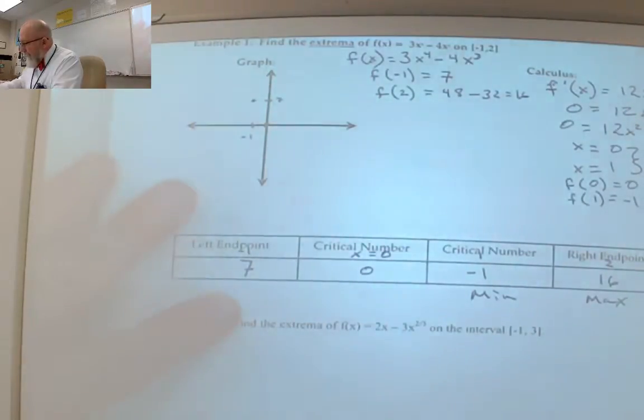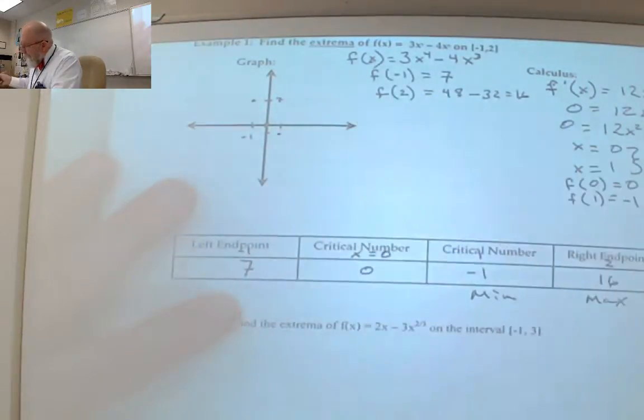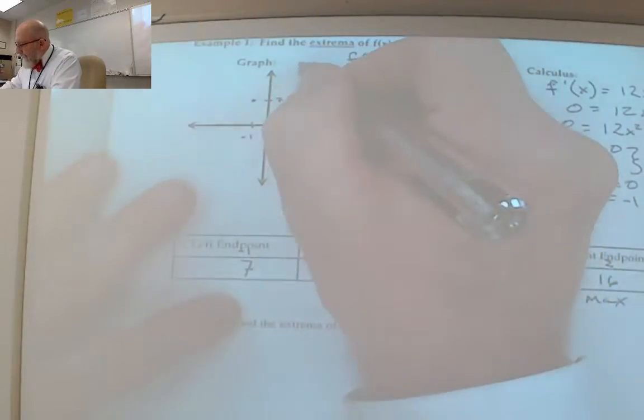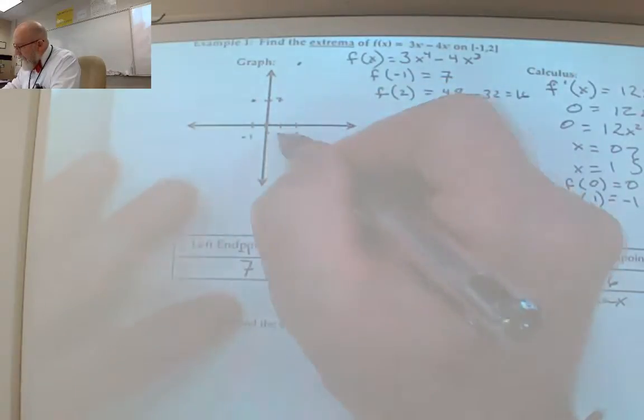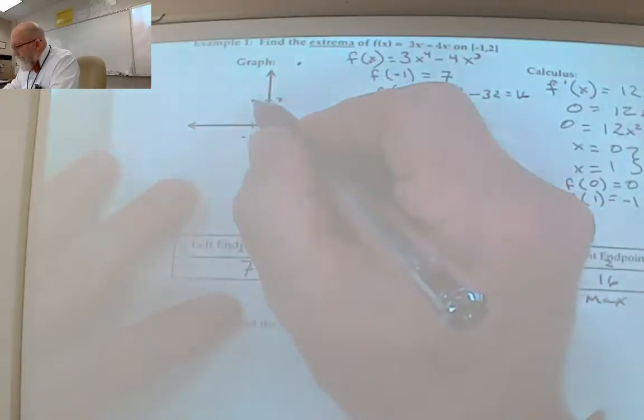I have 1 is a -1. And I have 16, which is up here somewhere. So my graph, now I got to get down to here, don't I? Would you agree? Now, I got to go from here to here.